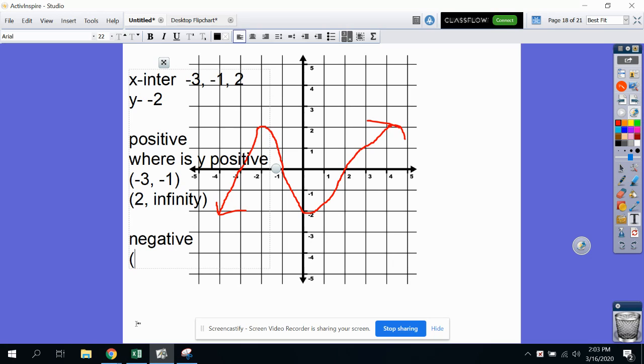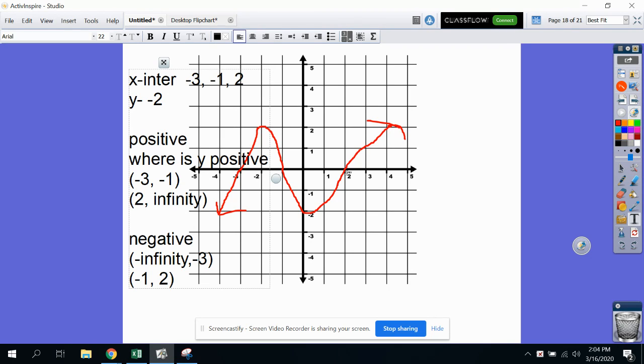So if you're reading from left to right, it's negative from negative infinity, and stays negative, and switches. So at -3, it becomes positive. Then it remains positive, and switches to negative again at -1. Okay, remains negative until you're at 2.